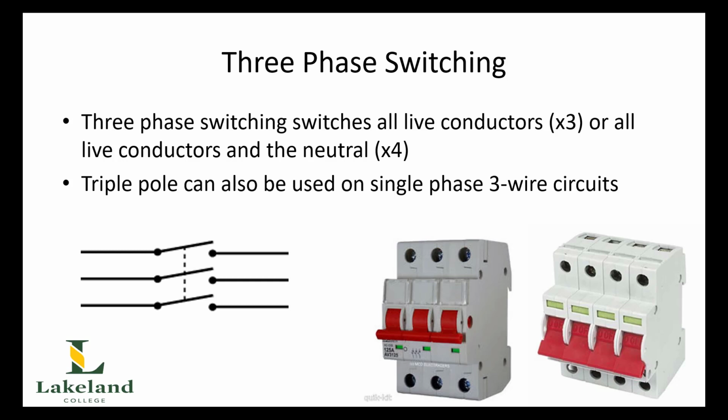You use the switch on the wall. The circuit breaker stays closed under normal occurrences, of course, unless of course there's a fault on the system, and then it will have to trip. So please bear that in mind for three-phase switching or any other switching, for example. If we're using circuit breakers, don't use them as a means of switching, use them as a means of circuit protection. There will be another control switch somewhere else in the circuit that you can turn the power on and off with.